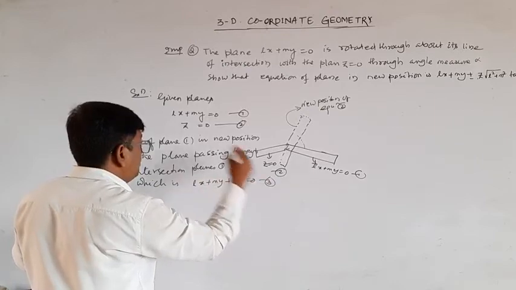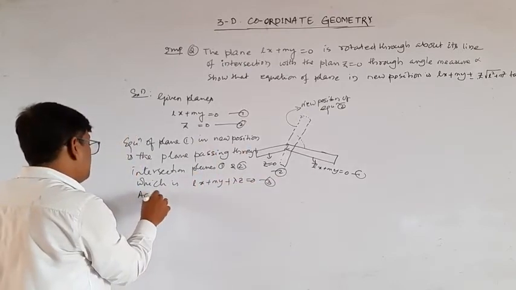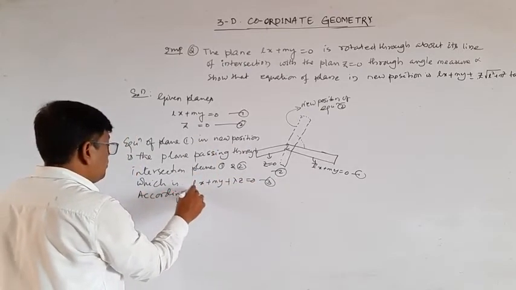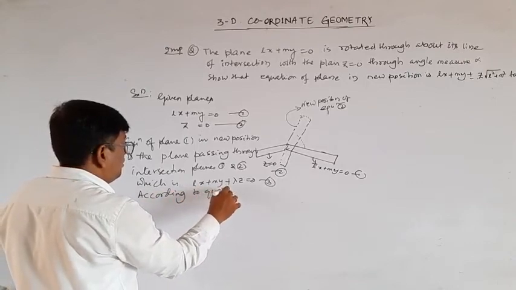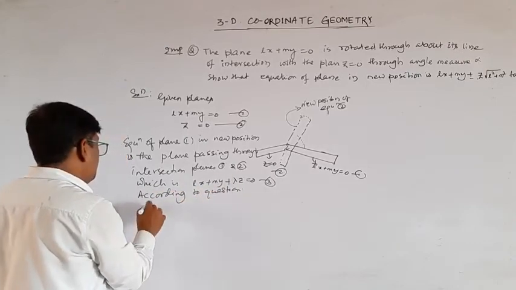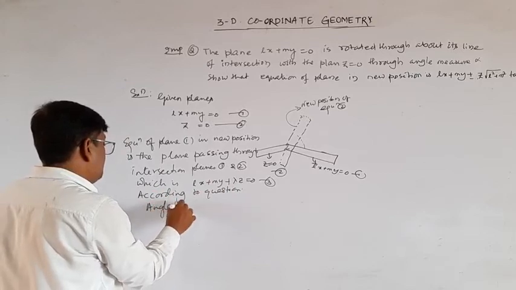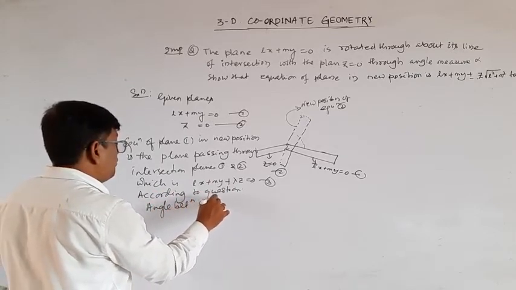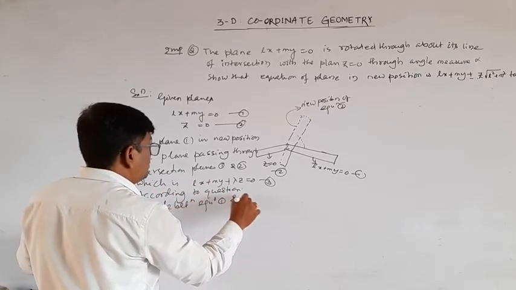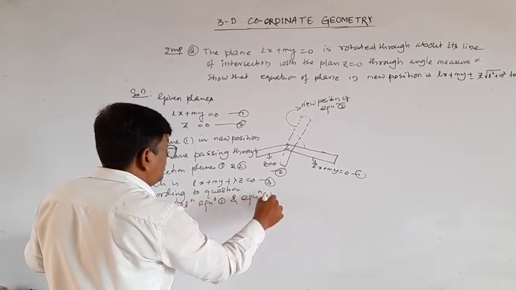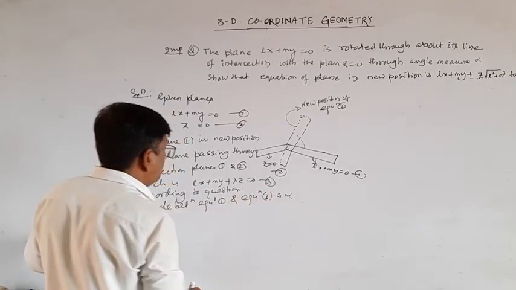This is equation 3. According to the question, the angle between equation 1 and equation 3 is alpha.